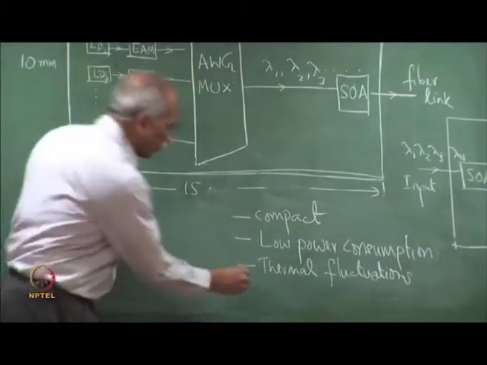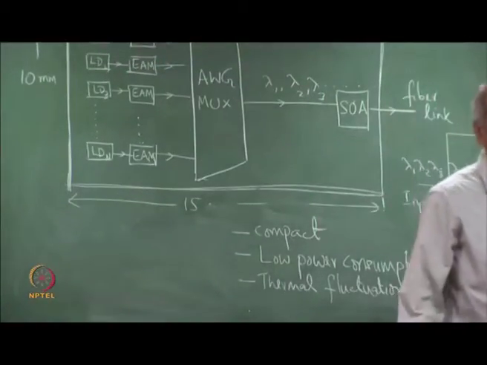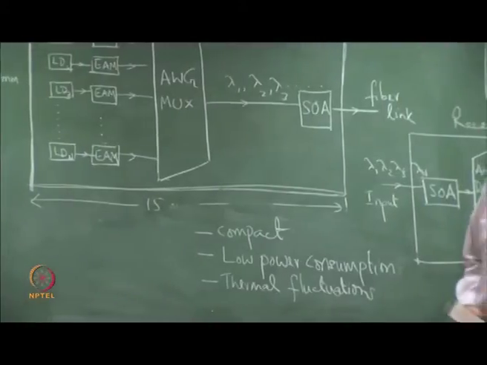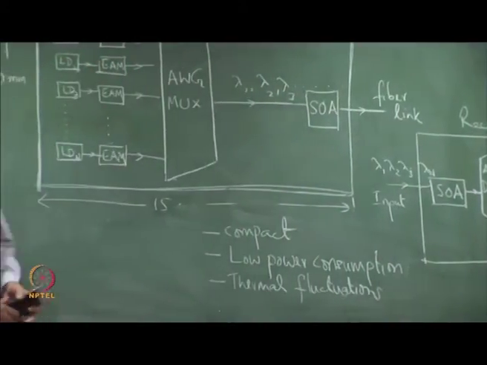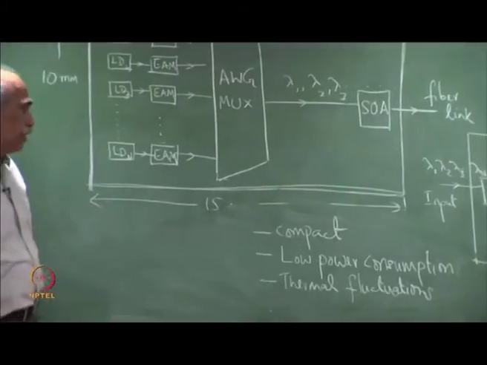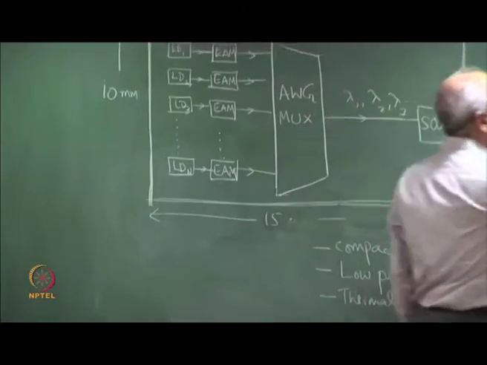And there are many more advantages, reliability and so on. The same advantages are true for these as well, and PICs are picking up in a big way in the current optical communication scenario.